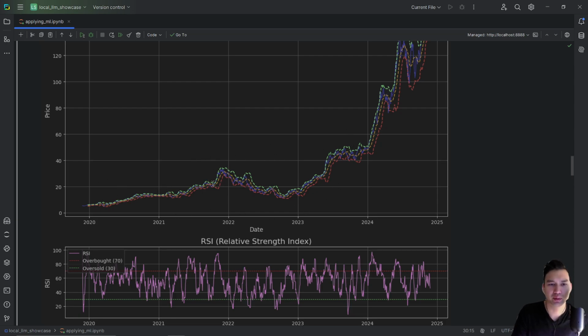If you're not familiar with what Bollinger Bands are, the green line is a couple standard deviations above the orange line, which is the mean, and the red line is a couple standard deviations below the orange line. Basically, it's just trying to identify a trading range for the stock.